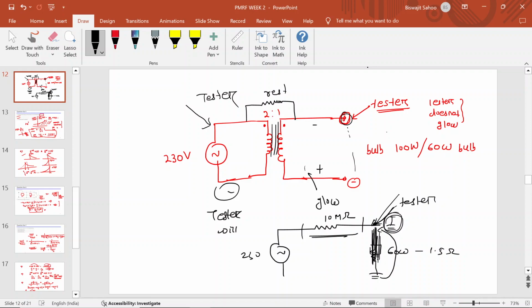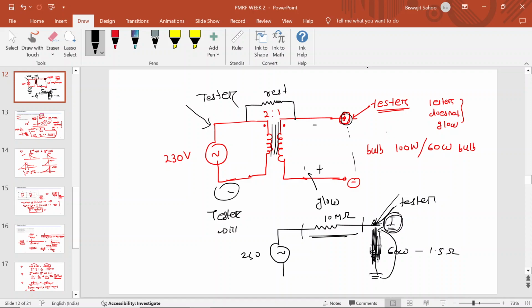That point is clear, but the tester observes the voltage, sir. Whether any resistance is connected is not a thing, sir. Because if the bulb is glowing, you are getting 230 volts or 125 volts. Then the tester measures voltage, not whether any resistance is connected in between, sir.